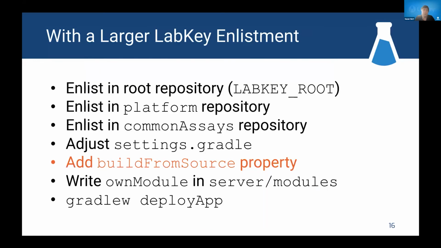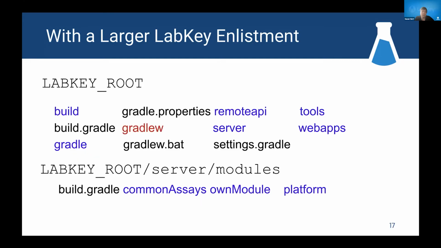And this process looks a lot like the build all process that I started with, but the key difference here is the introduction of this build from source property, which is a custom property in our Gradle plugins that allows you to say which ones you want to build and which ones you do not. So again, since you've enlisted in LabKey root and in common assays and platform, this is what your enlistment looks like, including your own module.